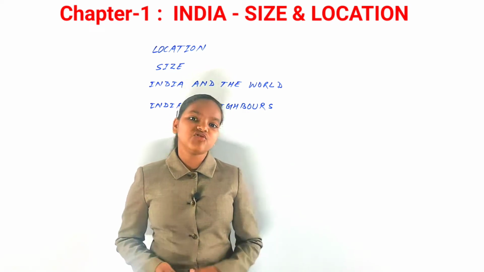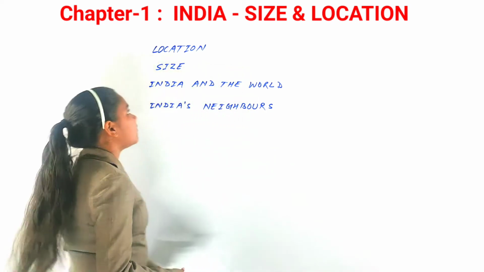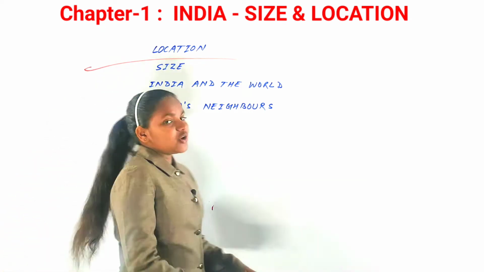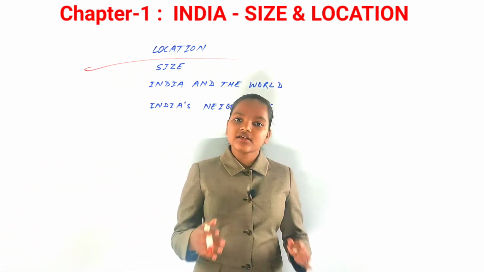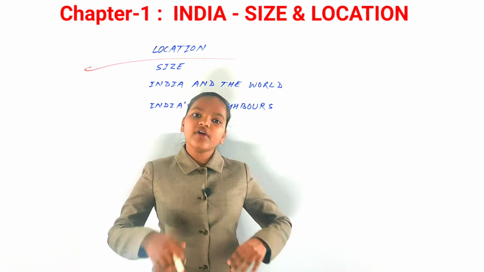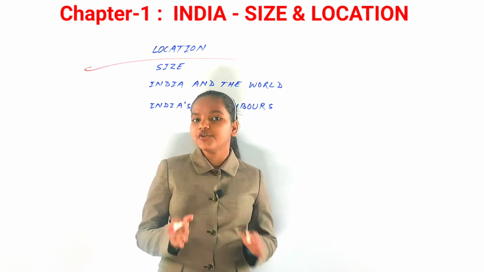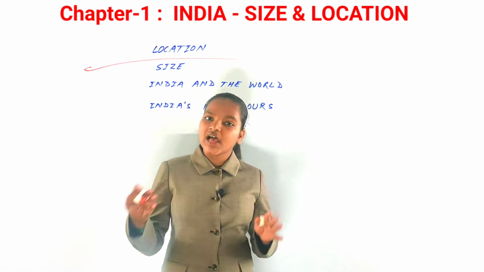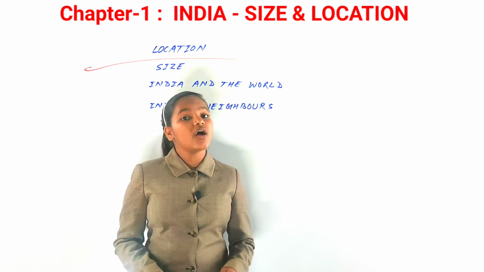So without ado, let's start our chapter with our first topic, that is location. Let's first discuss the location of our country. India is a very vast country, and it lies in the northern hemisphere of the world.